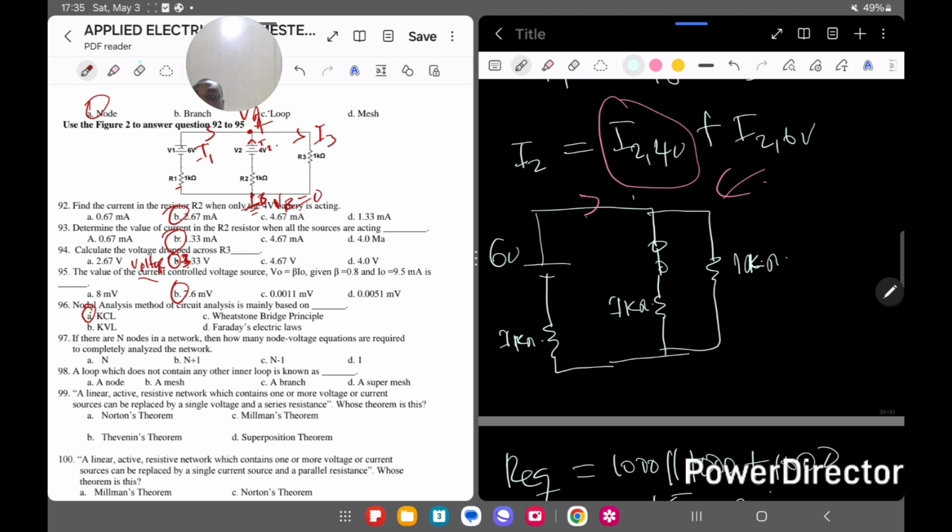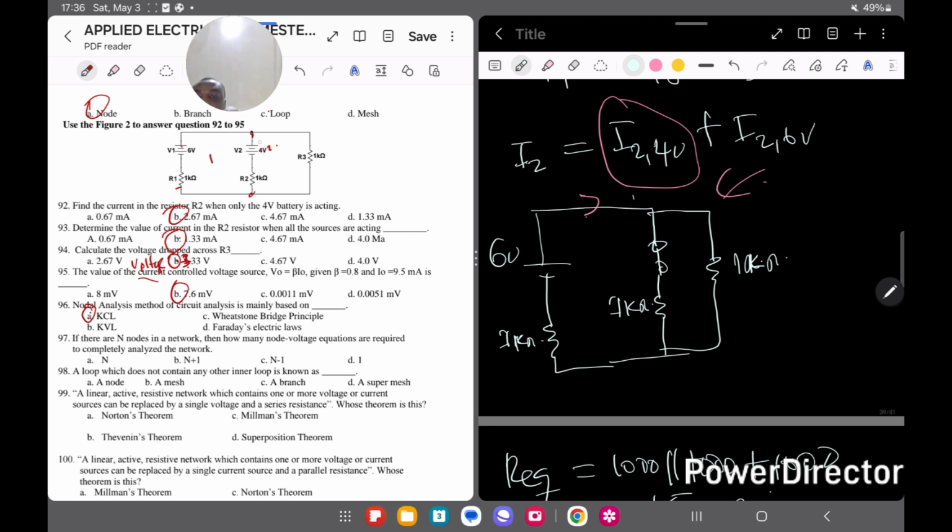Let me erase this. We are done with this. So if we have this circuit diagram, you can see that if we are applying Kirchhoff nodal analysis, we only use one equation here, right? Despite that there are how many nodes, right?